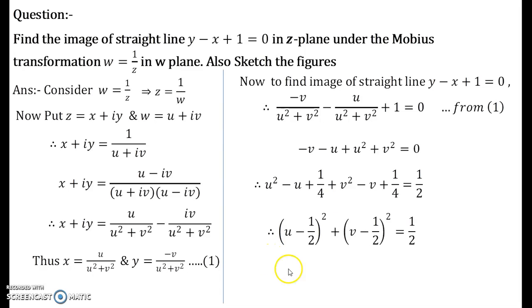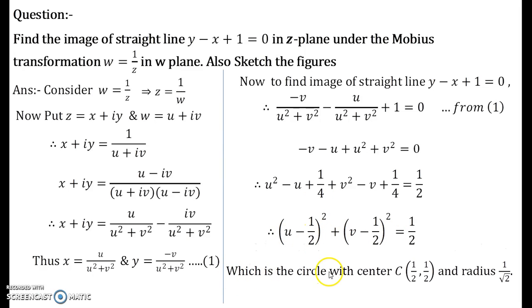So finally I obtain the center and the radius, where the center of the circle will be half comma half, and the radius is the square root of half. Thus the radius is 1 upon root 2. So we have obtained the center and the radius of the circle.